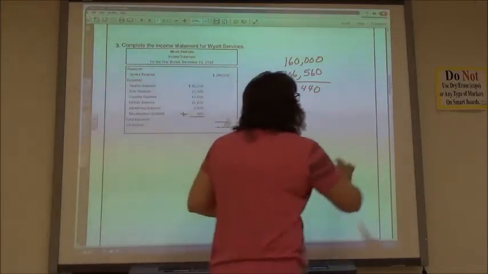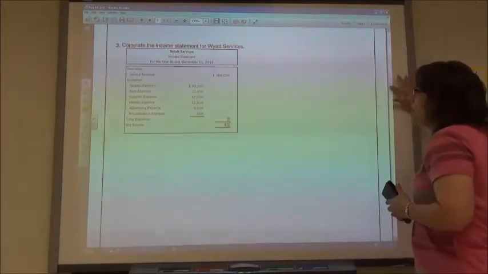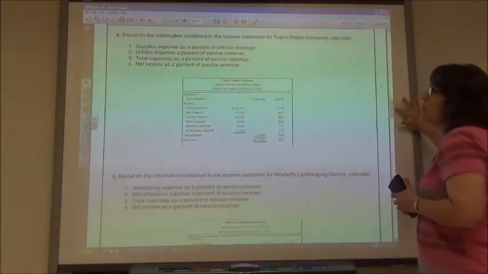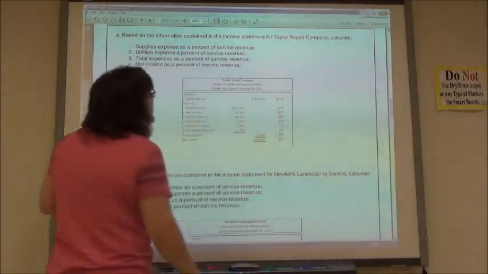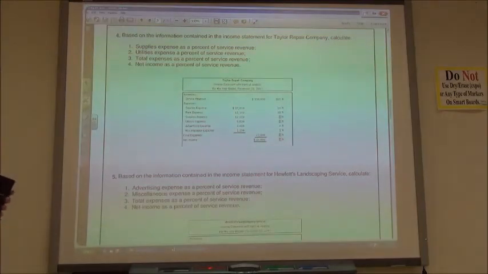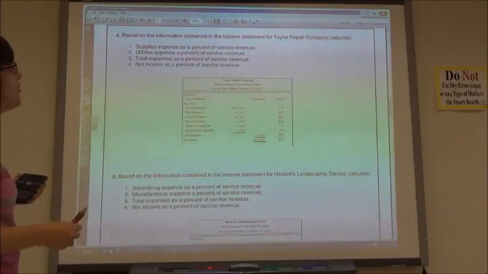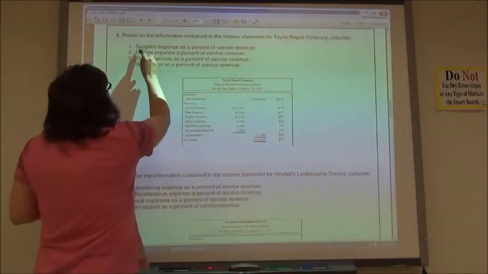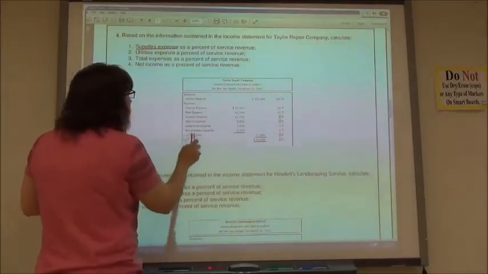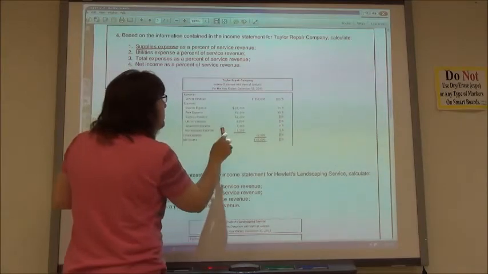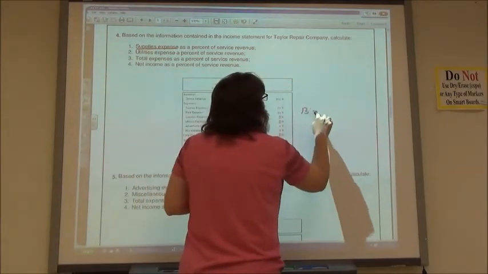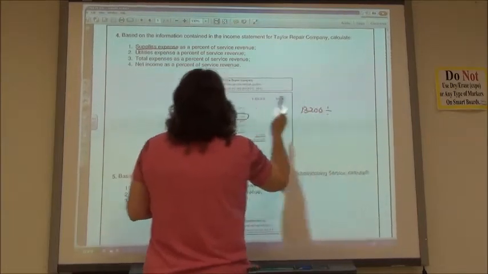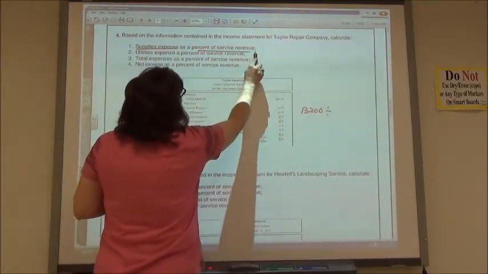Number 4, it says, based on the information contained in the income statement for Taylor Repair Company, calculate the supplies expense as a percent of the service revenue. So my supplies expense, I'm going to look here, my supplies expense is right here, 13,200 as a percent of the service revenue.